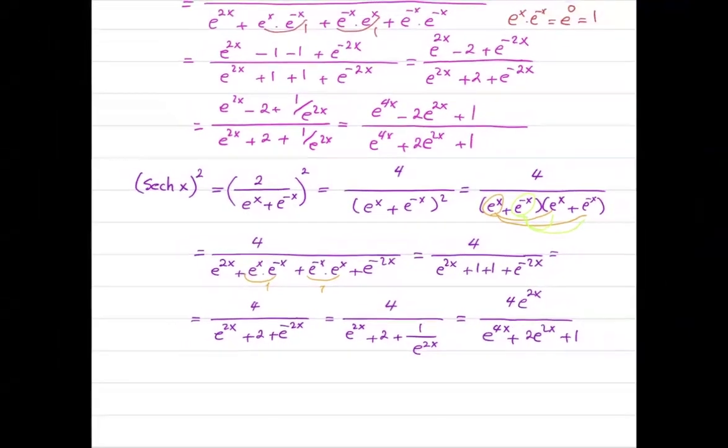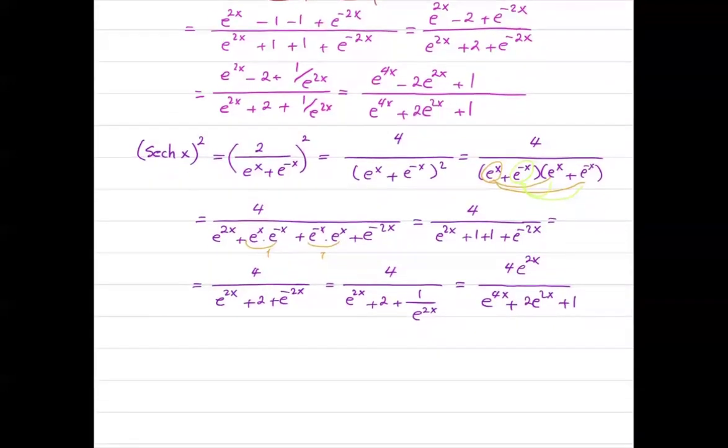Take a look. Let me rewrite this for you down here so you can compare these and decide on the mathematical operation that you're going to use between hyperbolic tangent squared and hyperbolic secant squared.